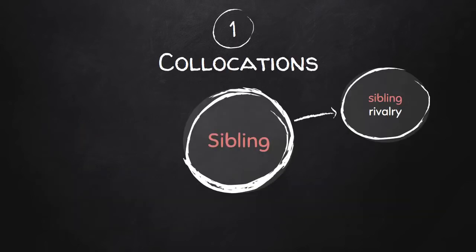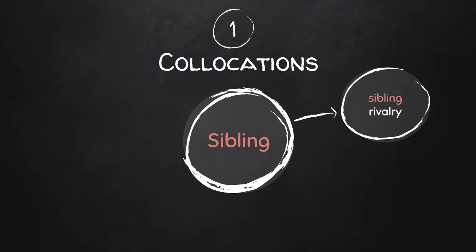Next, let's look at collocations. To get started easy, we chose a word like sibling that doesn't have a lot of collocations. What does collocation mean? Collocation means a word or words that go together often. Sibling rivalry is a common collocation. That means you'll see these two words together, sibling and rivalry.